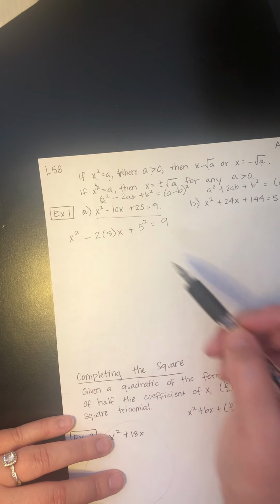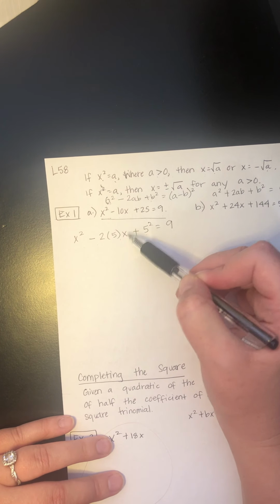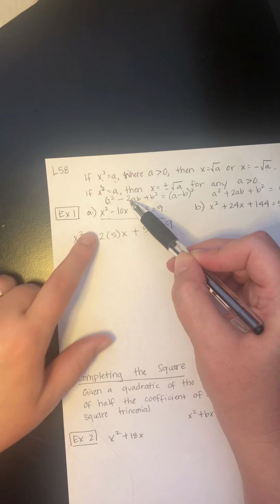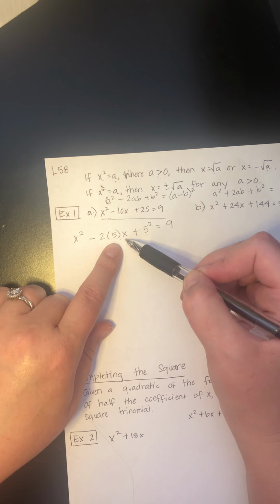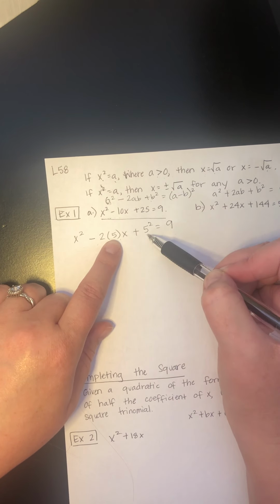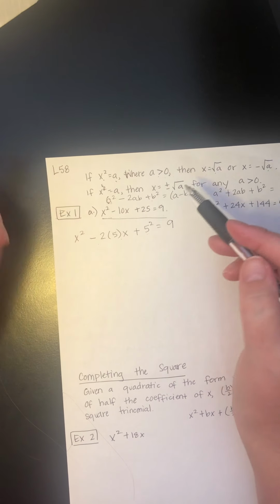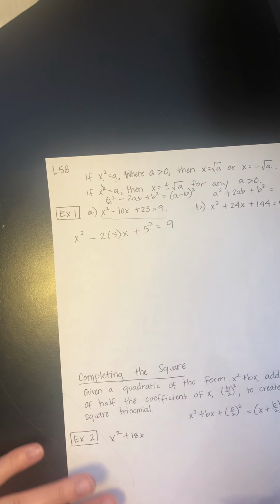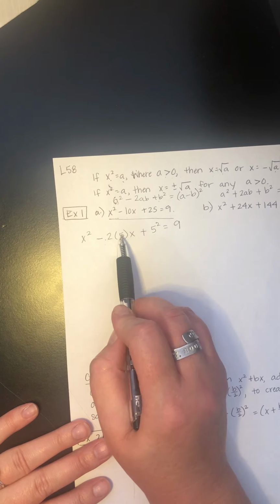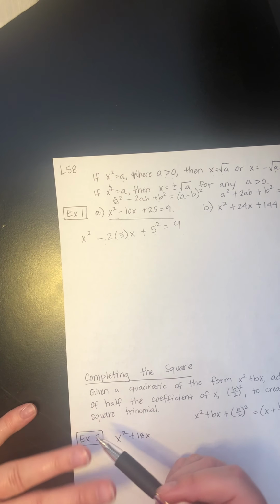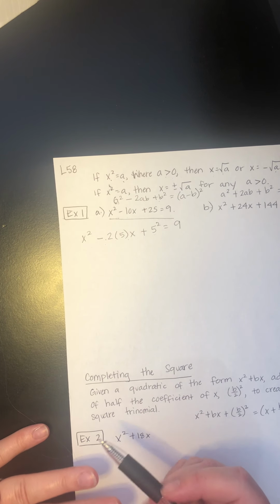And we have a minus here. Then what we're going to do is put 2 times a, which is x, times b, which in this case is 5. To figure out what your a and b are, ignore your exponents, because 2 times 5 is 10. It's just being rewritten.